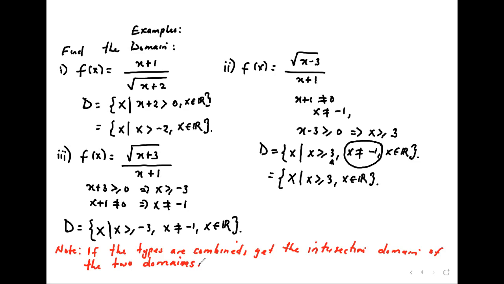What we mean here is, you've seen that we have this domain. We also have this domain. Then we intersect them to form the domain of the whole function. Here we had this domain. We also had this domain.